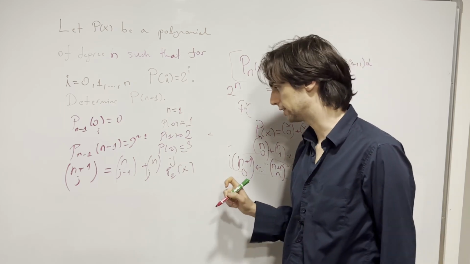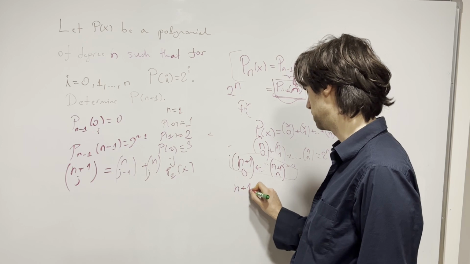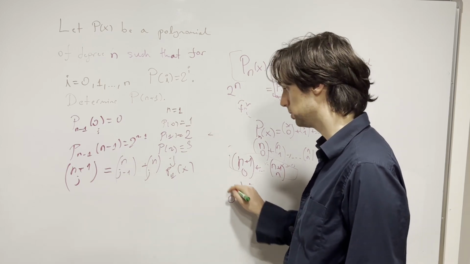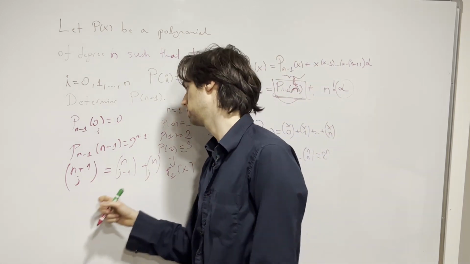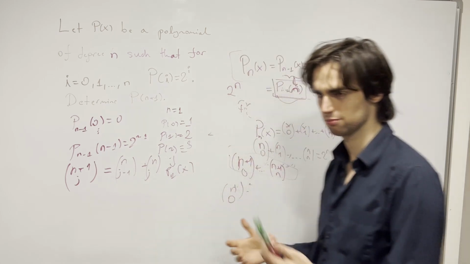So every single one except the last will come up twice. So for 0 it's going to be n choose 0 and n choose minus 1, which is 0.